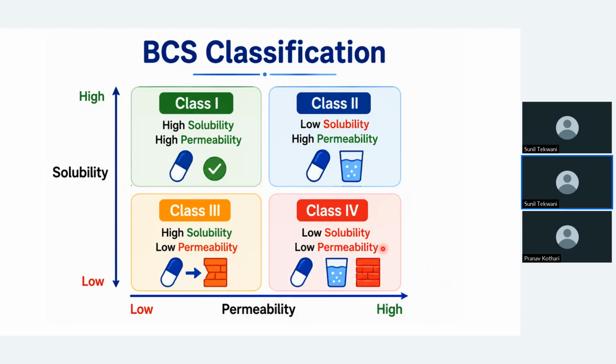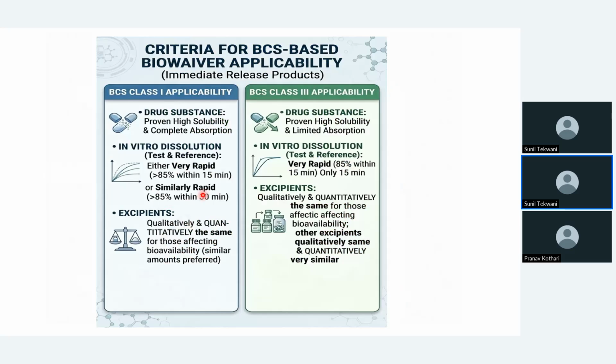If you know that your drug is either class 1 or class 3, you can prepare an entire justification and submit it to the authority in your dossier. You can get an entire biowaiver. But you have to follow certain criteria according to the EU BE guidance. If your drug is BCS class 1, you have to prove in the lab that it is a high solubility and complete absorption drug.